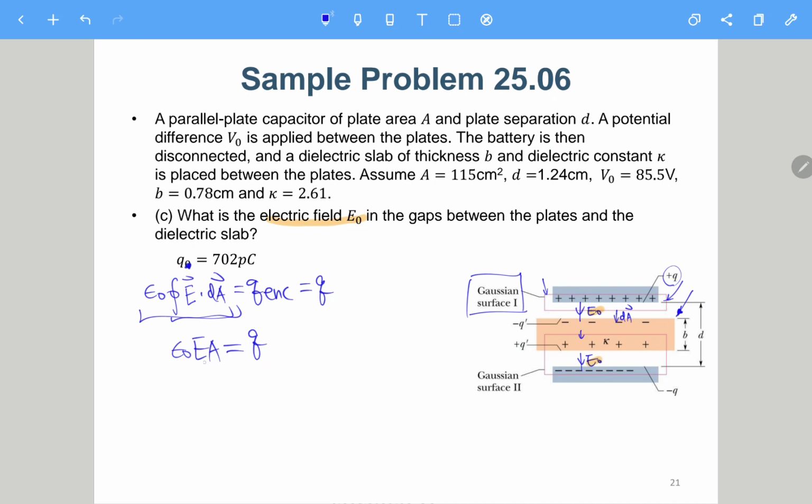Or maybe we can write it as E0, because E0 is the E field between the conducting plate and the slab. So we denote it as E0.